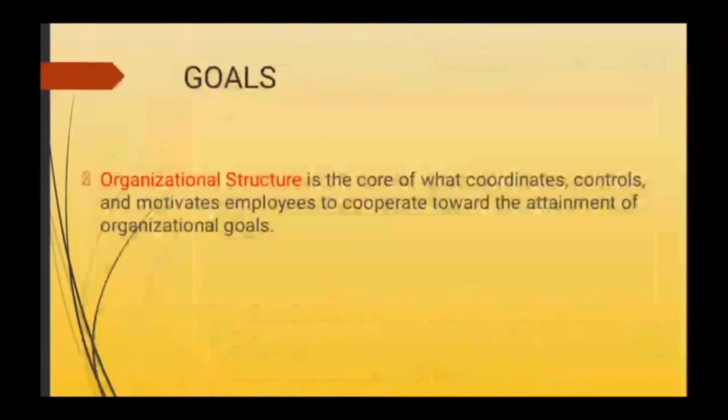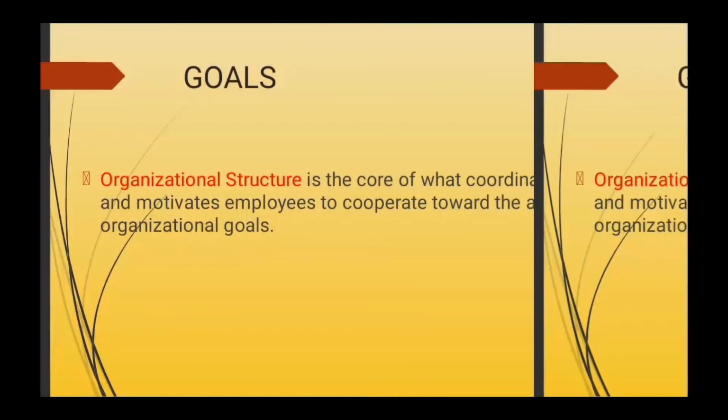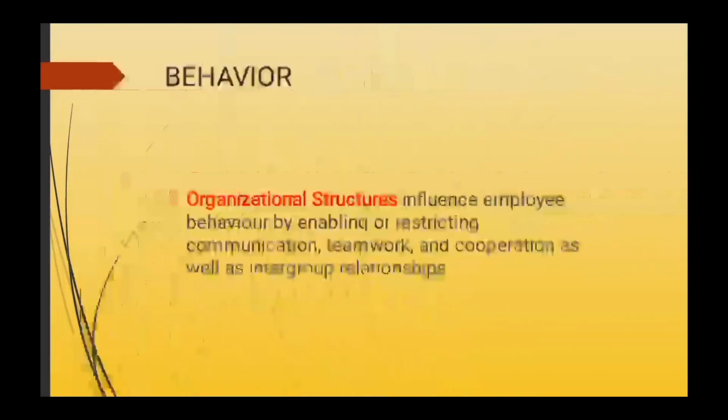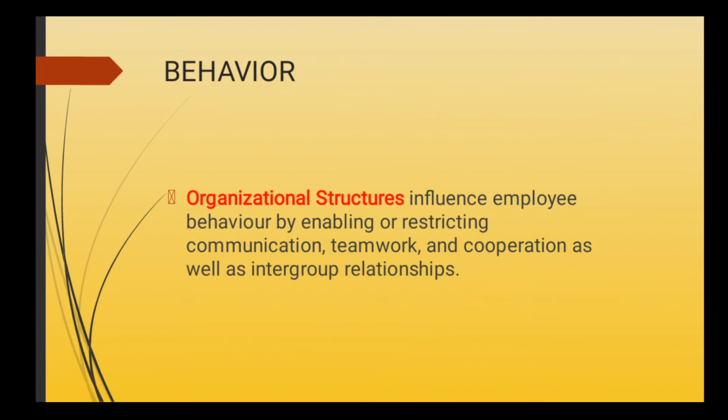When the organizational structure is aligned with organizational needs, it results in greater organizational efficiencies and less conflict. Organizational structures influence employee behavior by enabling or restricting communication, teamwork, and cooperation, as well as intergroup relationships.